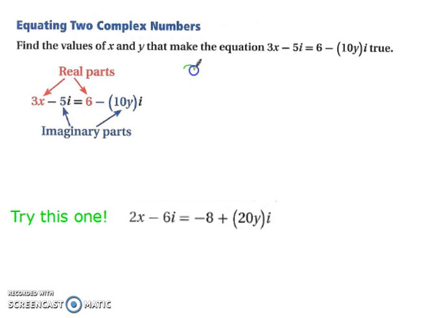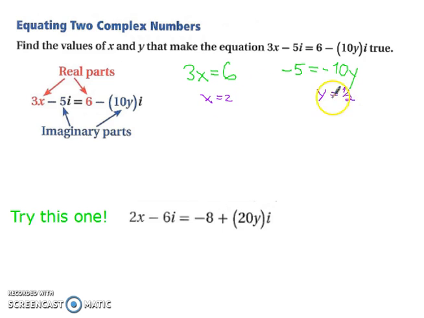For this one, we'll have 3x equals 6 for the real part, and the imaginary part would be negative 5 equals negative 10y. Real part, imaginary part, they're going to be separate. So in this case, x equals 2, and in this one, y is going to equal 1/2.